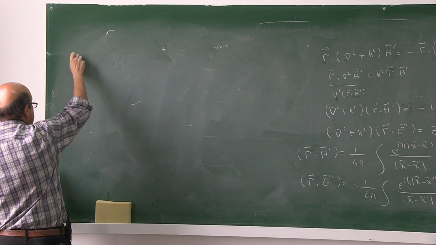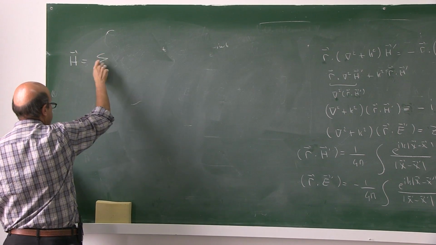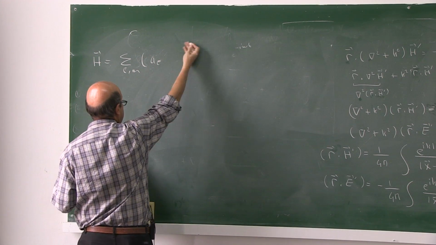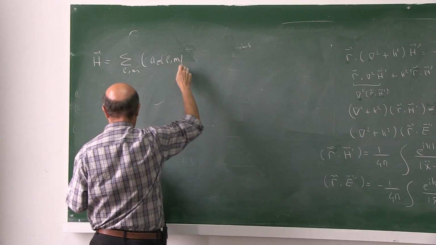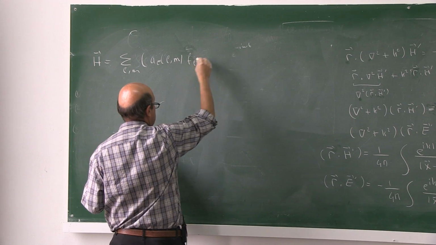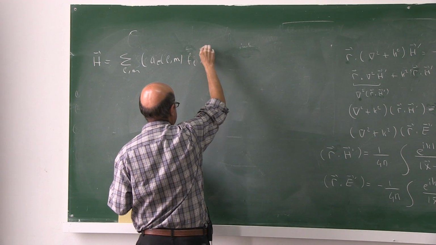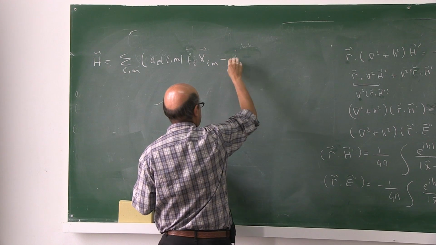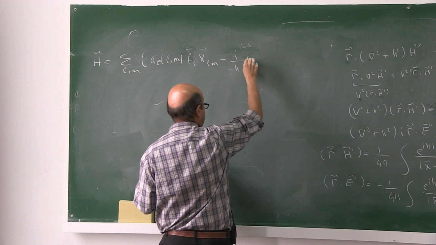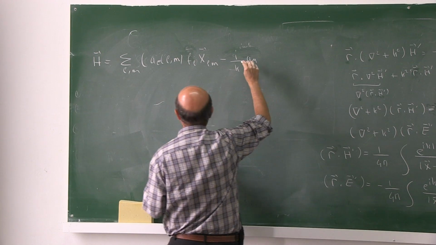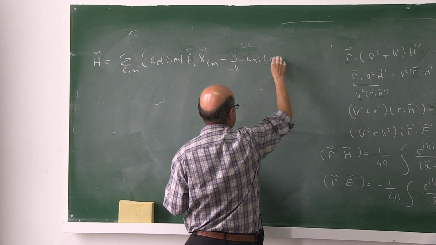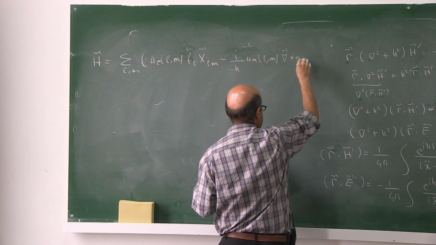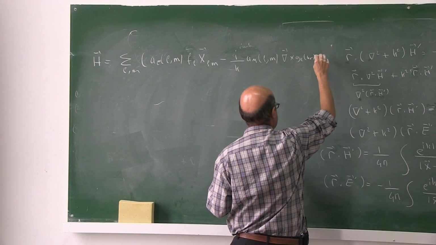So I said that H could be written as a summation over L, m of a_E(L,m) f_L times X_Lm, plus i over k a_M(L,m), where E and H depend on L, m, curl of g_L(kr) X_Lm.